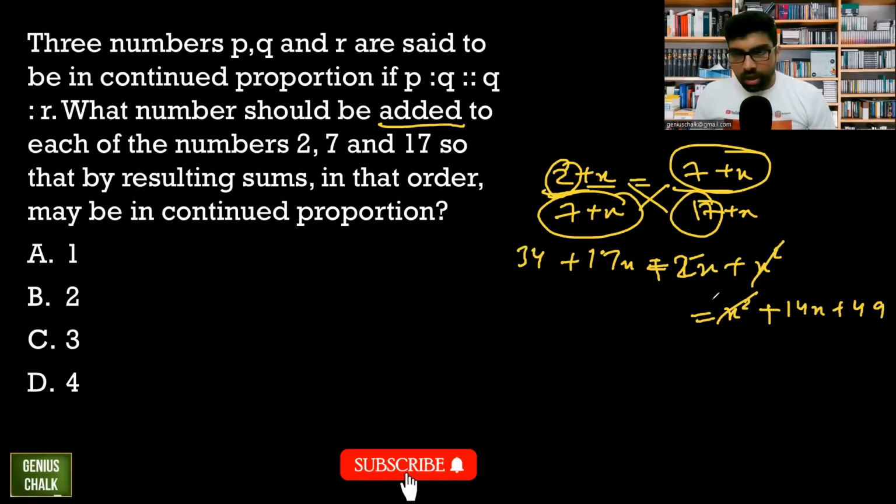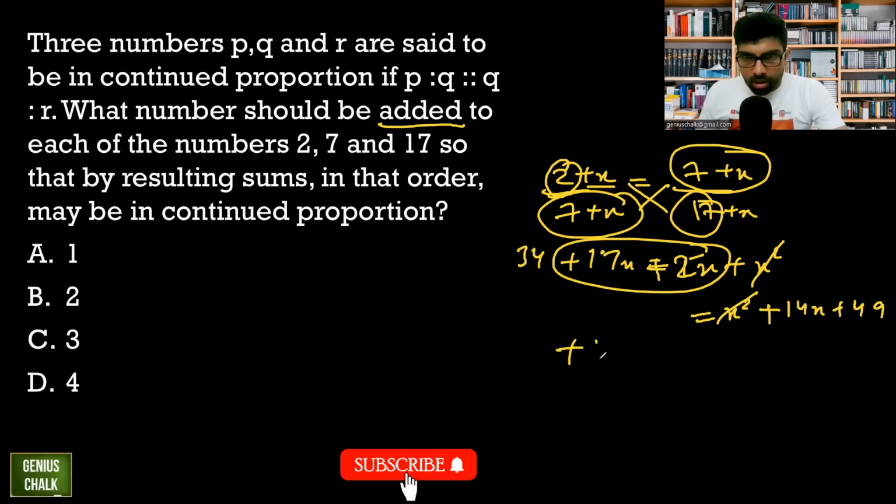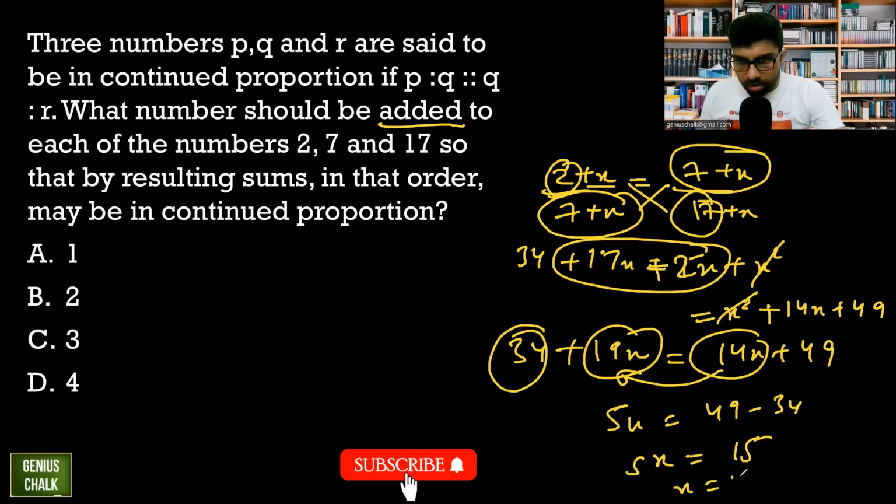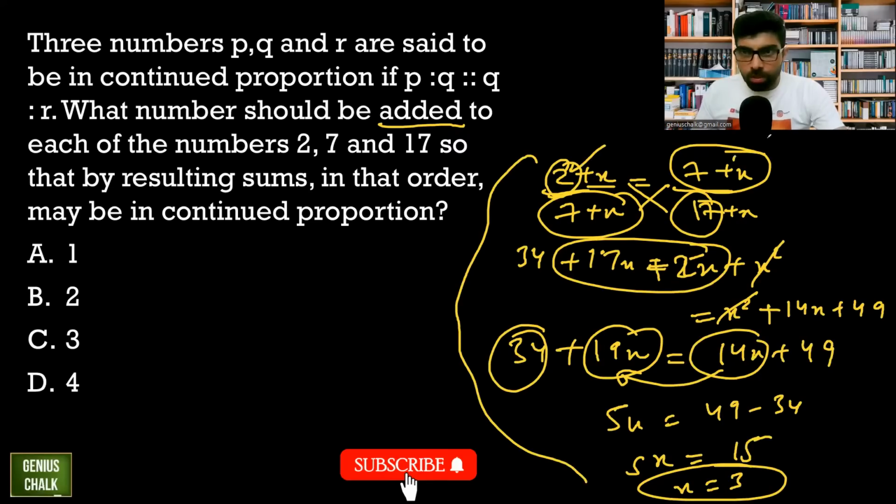Although this is cancelled, it is still taking time. 17 plus 2 is 19x. It is 34. Here we have 14x plus 49. This 19, this 14, this goes to this side. So 5x will be 49 minus 34, that is 15. So 5x equals 15, x is equal to 3. This is the basic method. Again, you need to calculate if the numbers are more typical, like 97 or 96. It is very difficult, very time consuming. The answer will come, but it will take time.